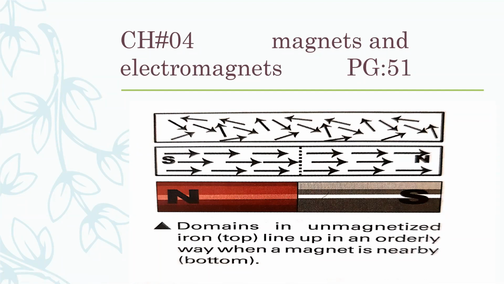After applying the external magnetic field, or if you bring the magnet beside this piece, the atoms will be aligned in a specific direction. You can see that all the domains are aligned in a specific direction. So domains in unmagnetized iron are at the top, and lined up in an orderly way when a magnet is nearby at the bottom.